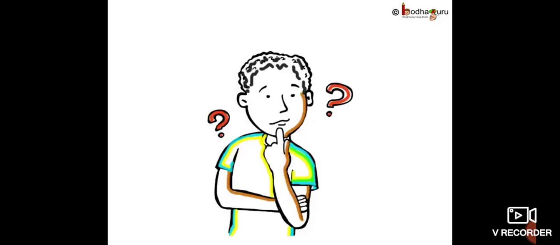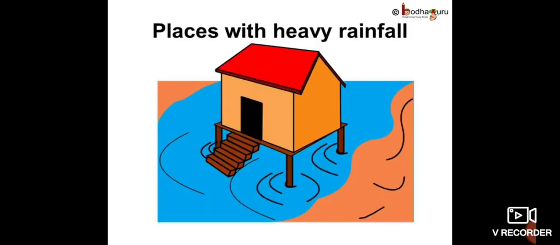So, what can be done? How about raising the house? Now the water won't be able to enter the house. These houses are called houses on stilts. Hence, in the areas where it rains a lot, the houses are built on stilts and have sloping roofs.